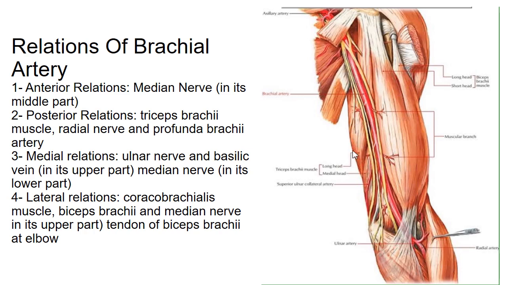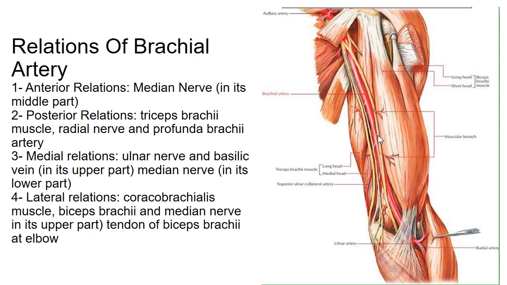This is the triceps brachii muscle, which lies on the posterior aspect of the brachial artery, and you can see this is the bicipital aponeurosis, which is covering the brachial artery anteriorly in its lower part. This one is the median nerve, which is initially on the lateral side of the brachial artery.